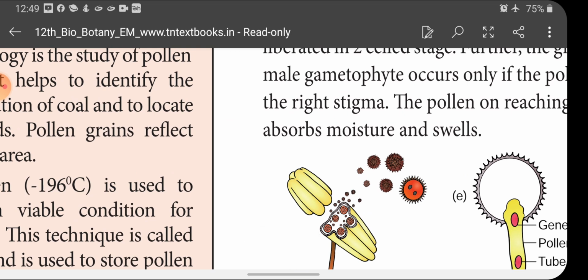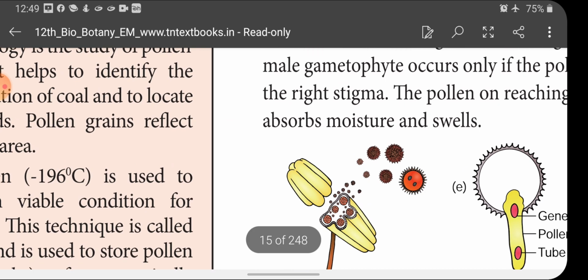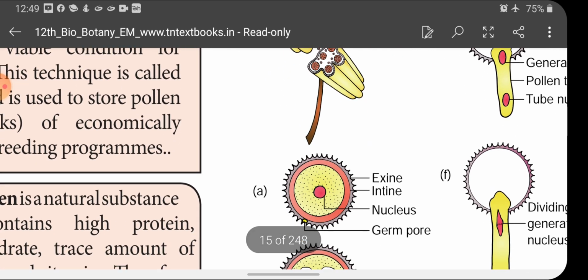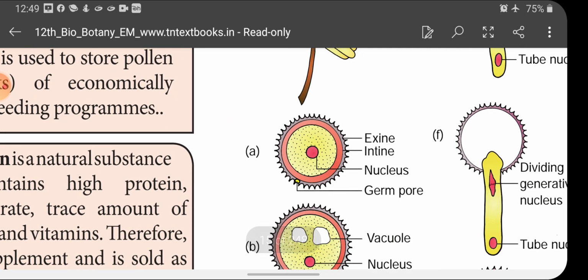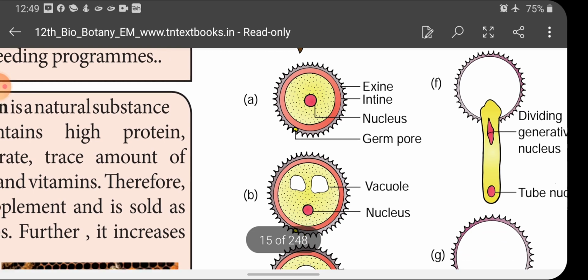From the anther lobe, pollen grains are released, and diagram A shows the structure of a pollen grain. Here you can see the outer layer, the exine, the inner layer called the intine, and the center part, the nucleus. The region of less thickening in the exine is called the germ pore.